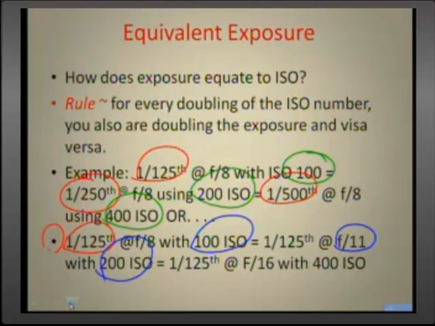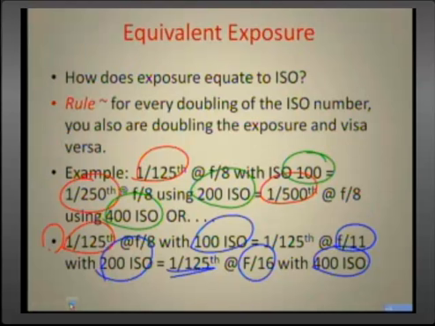And then if I increase my ISO to 400, I can now use f16, still keeping my shutter speed at 1/125th of a second. So let's say for photographic purposes, I don't want to change my shutter speed. I want to keep it at 1/125th of a second.